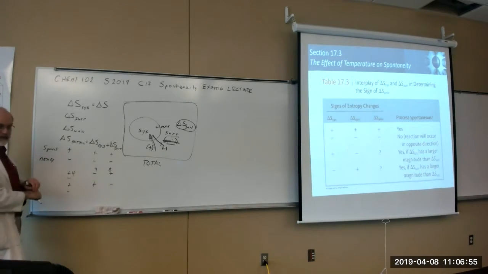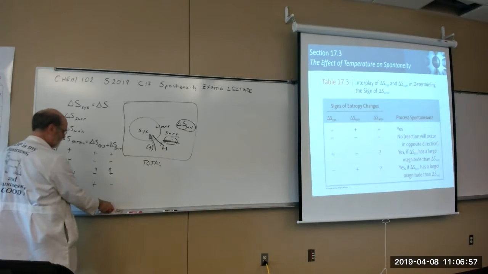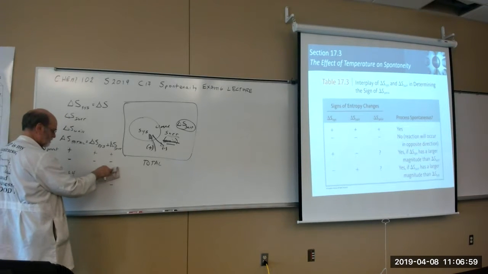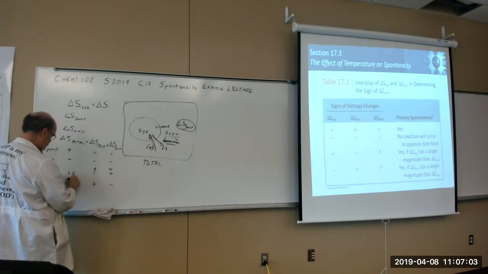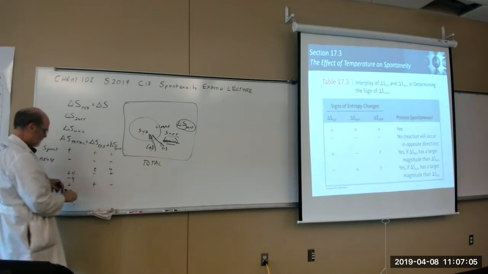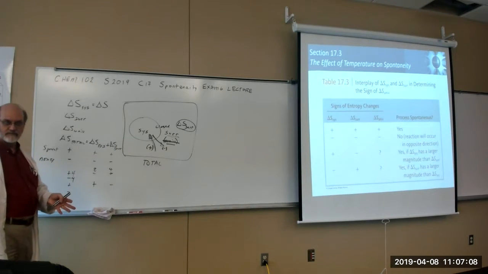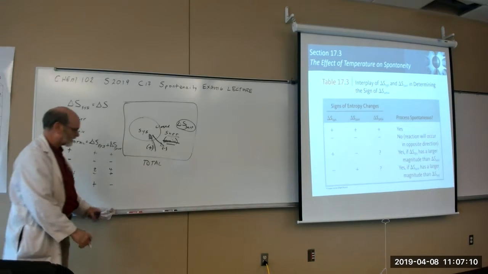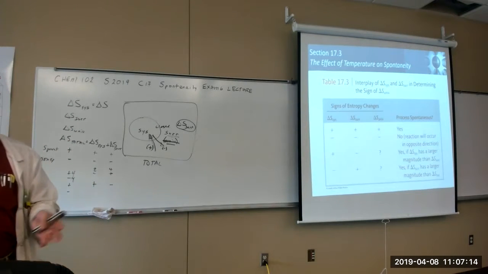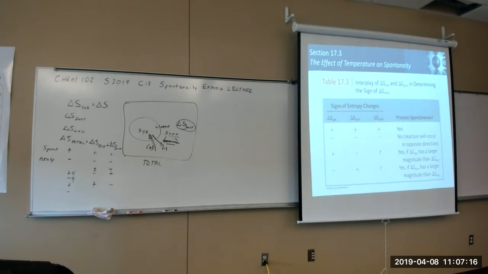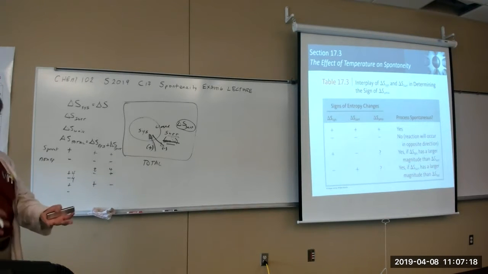So that would be spontaneous. Okay, so we're just showing the less than, greater than, not a positive or a negative number. Right. But if this one's 4 and that one's 8, this would be -4, and it'd be non-spontaneous. Okay. So it depends on the magnitude at that point. If one's positive and the other is negative, you have to have the values to tell you whether it's spontaneous or not.